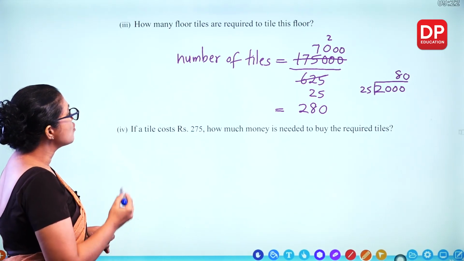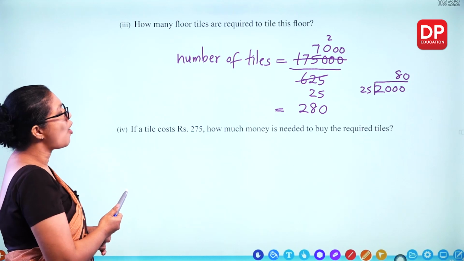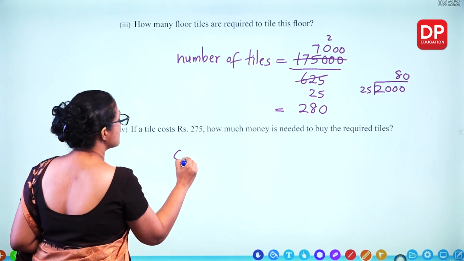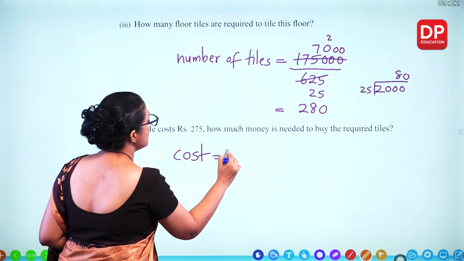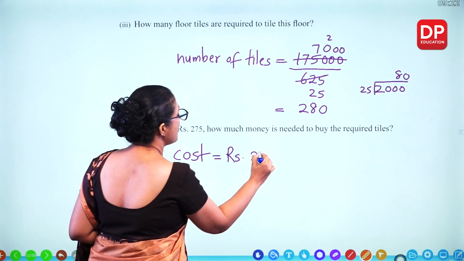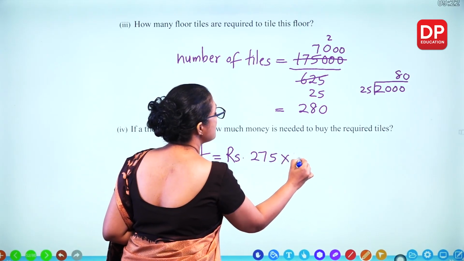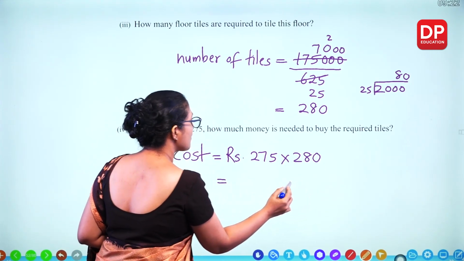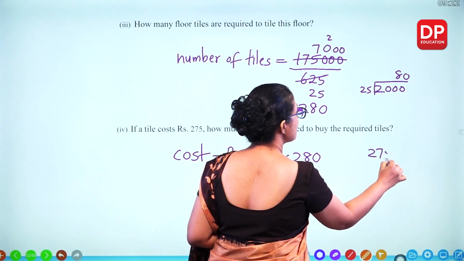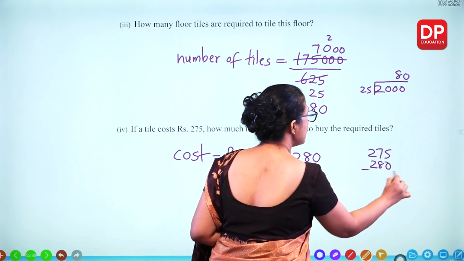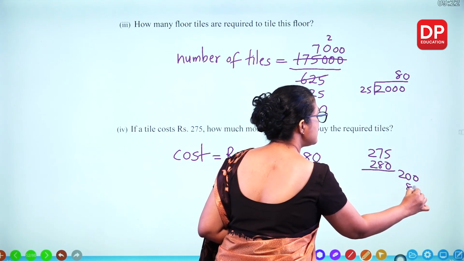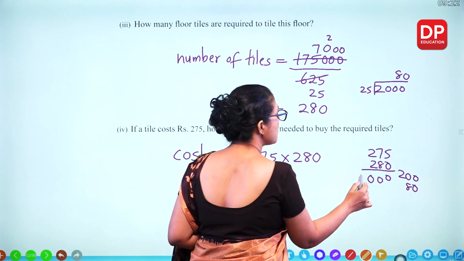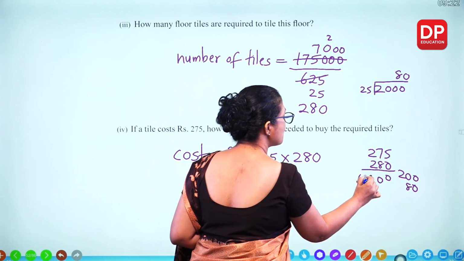If a tile costs 275 rupees, how much money is needed to buy the required tile? So the cost is, one tile is 275 multiplied by 280. So we'll multiply 275 by 280. 2 times 5, 10. 2 times 7, 14 plus 1, 15.